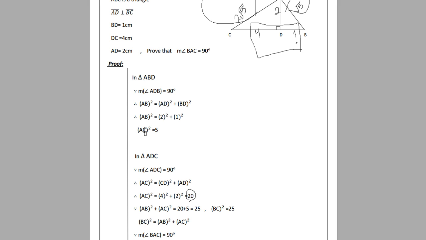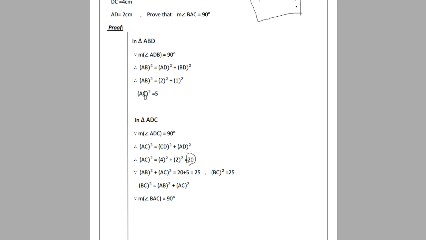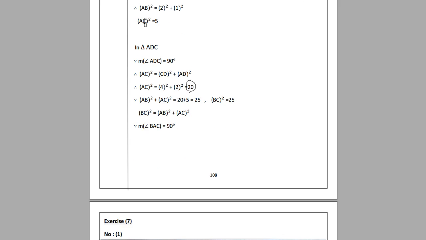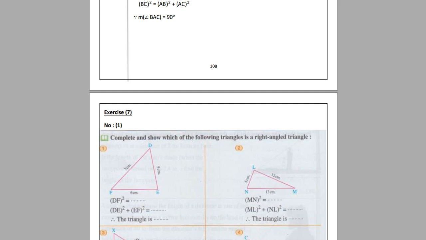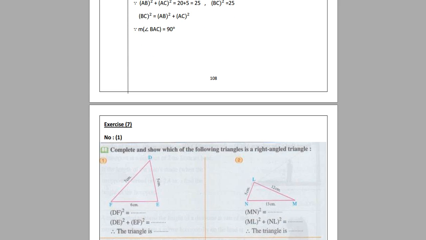Okay, so I need you to solve these two examples. They are very easy. Complete and show which of the following triangles is a right angled triangle. We have here number 1, a triangle. Its side lengths are 7 centimeters, 5 centimeters, 6 centimeters.